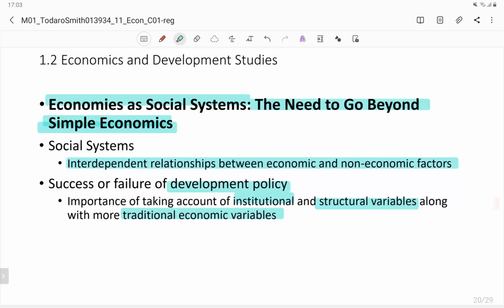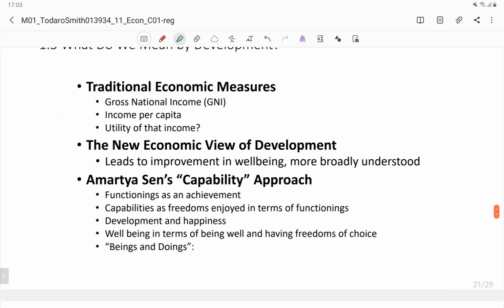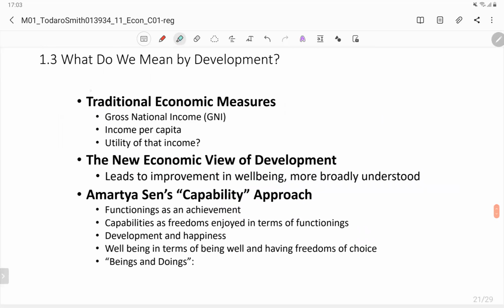And then, what do we mean by development? In traditional economics, we usually focus on the monetary unit side, right? Because we often measure the success of development in terms of GNI or gross national income, or sometimes people also use GDP or gross domestic product or income per capita.